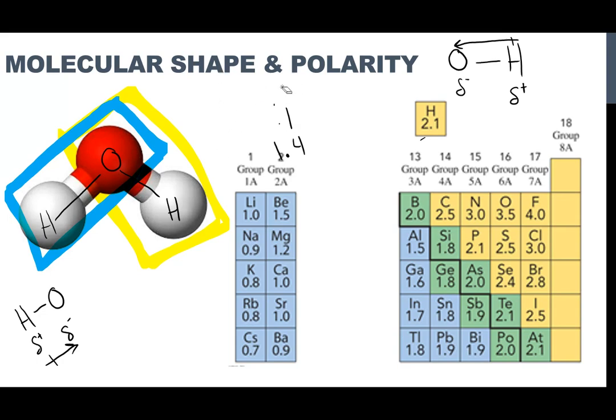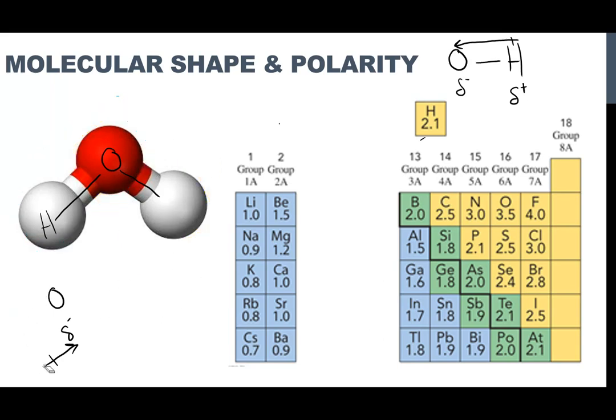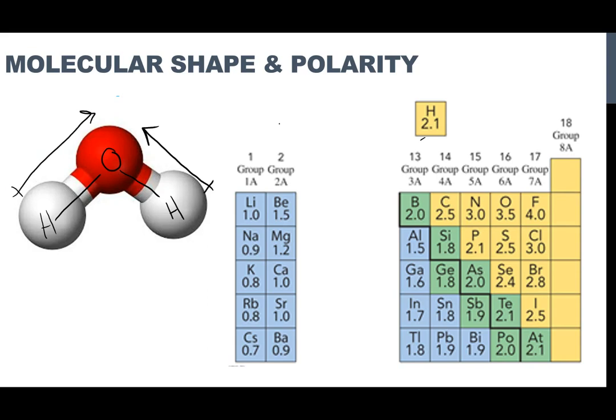So now we need to take a look back and look at the molecule as a whole. If I were to draw those dipole moments onto this molecule, what would it look like? Well, this dipole moment is pushing from the hydrogen up towards the oxygen. And this dipole moment is pushing up from the hydrogen towards the oxygen.